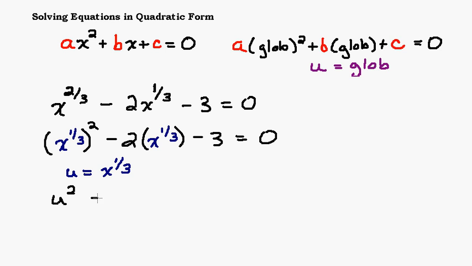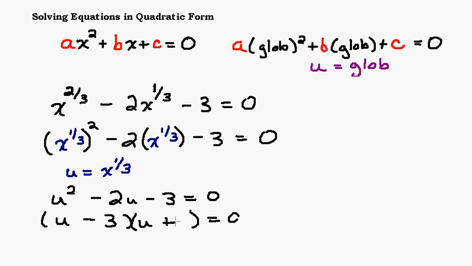So we get u squared minus 2u minus 3 equals 0. This one is a nice, lovely, easy factoring problem. What multiplies to be negative 3 and adds to be negative 2 would be negative 3 and positive 1. So u equals 3 or u equals negative 1. So let's put those up here.